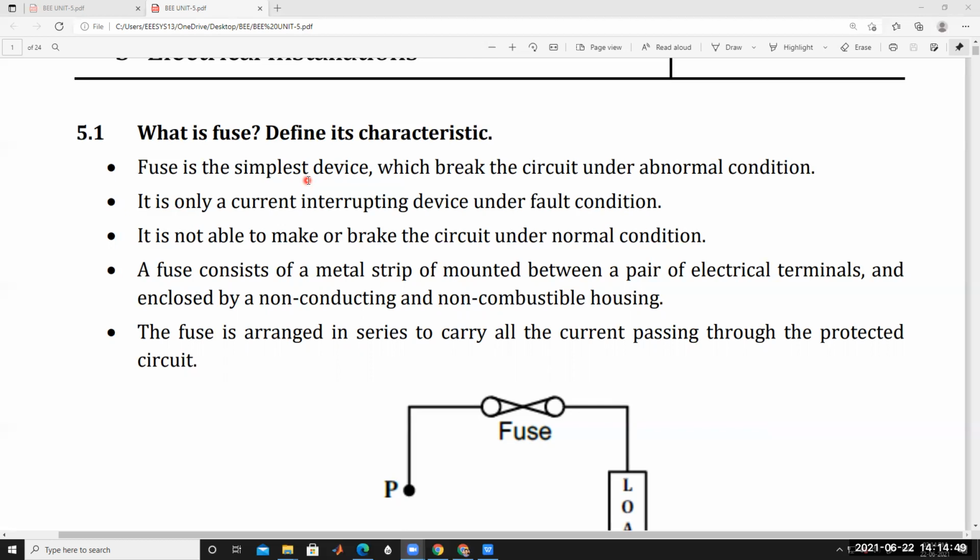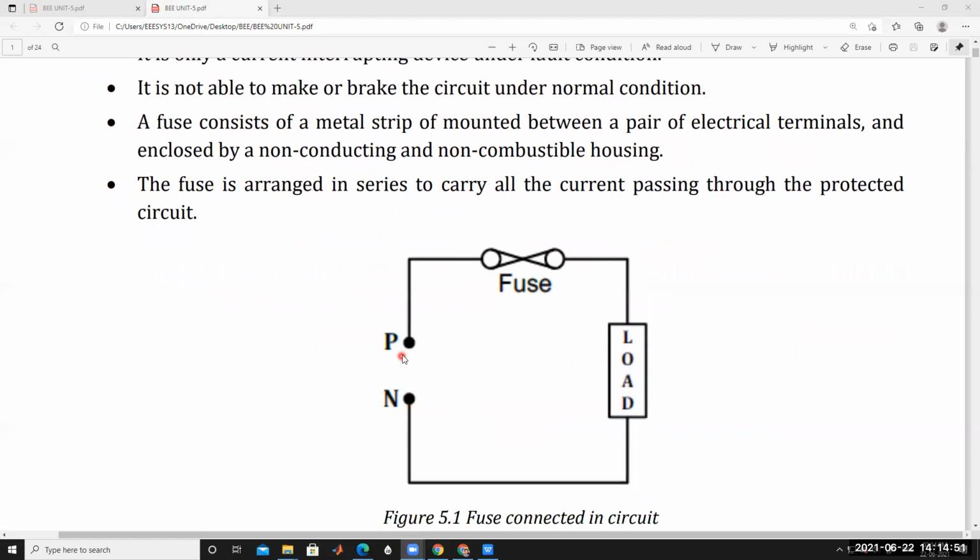The fuse is connected between the supply and the load, in between the phase and neutral. The load may be fridge, TV, fans, whatever it may be, the complete home. And this is the supply, phase and neutral, from the transmission lines. One is phase and one is neutral, and these two lines are connected into your house.